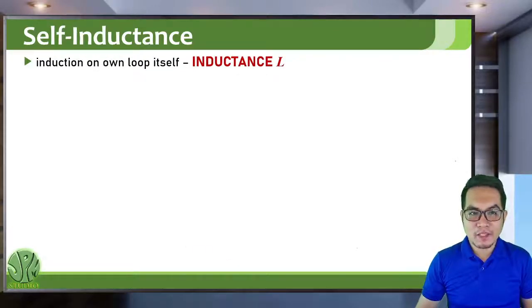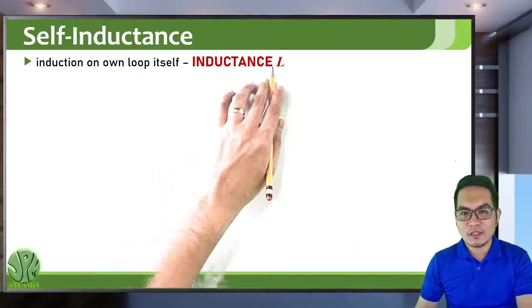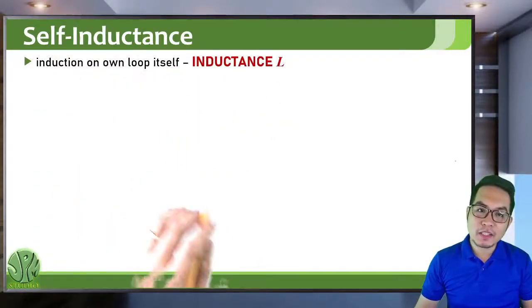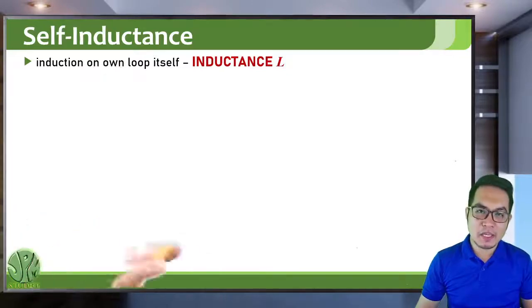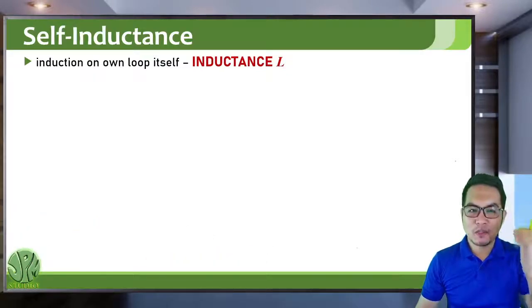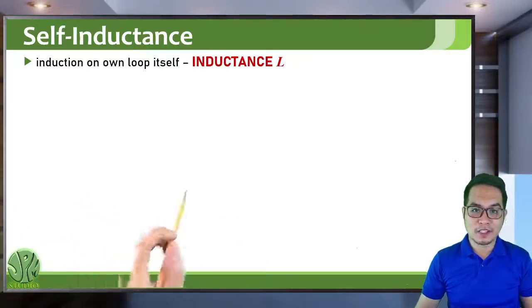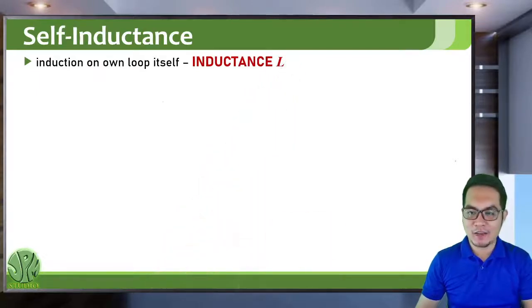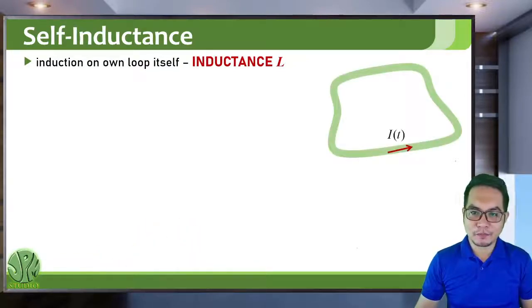When we say inductance, we usually mean self-inductance, and its symbol is L. So mutual inductance is M, and self-inductance, or just inductance, is L.